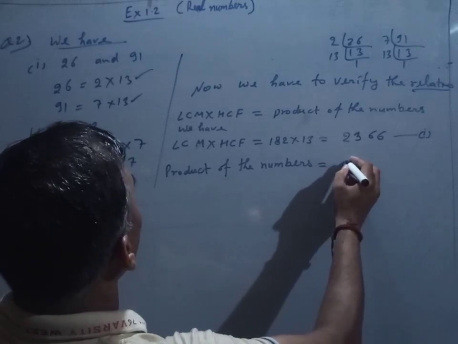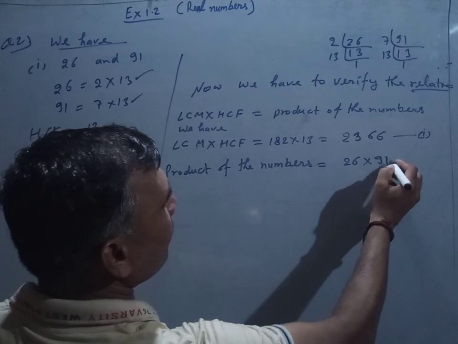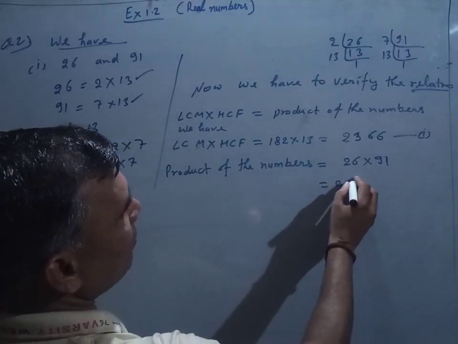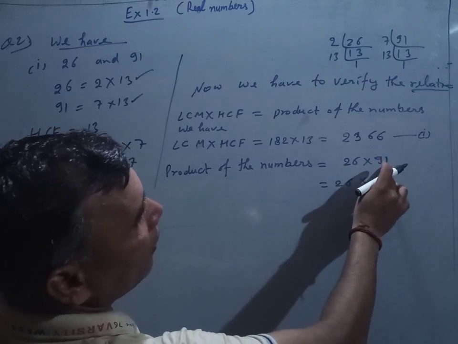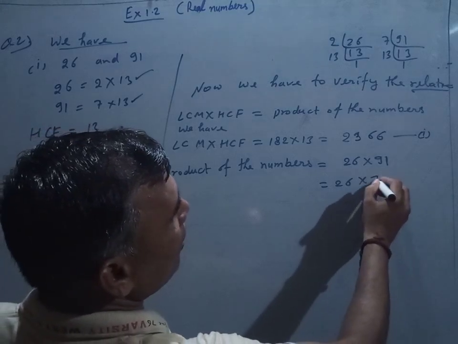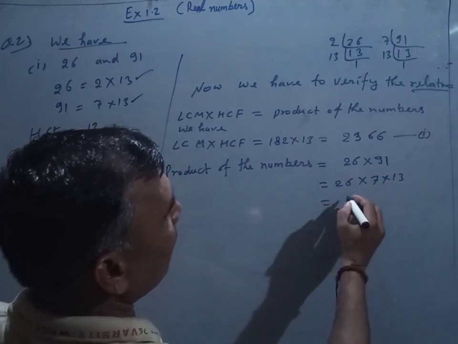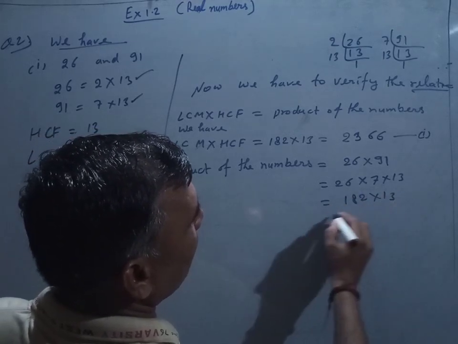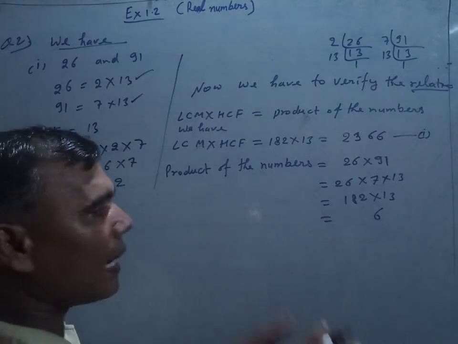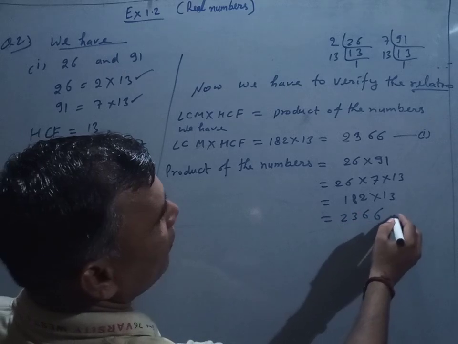We have 26 and 91. We can multiply 26 multiplied by 91. We can express it as the product of primes: 2 multiplied by 13 multiplied by 7 multiplied by 13. 26 multiplied by 7 is 182, and multiplied by 13. 13 twos are 26. 13 eights are 104 and 2 carry is 106, and 13 ones are 13 plus 10 is 23.